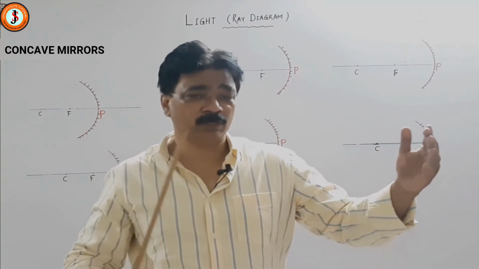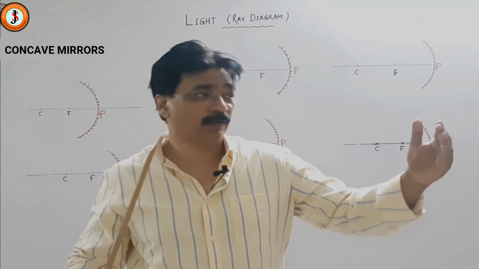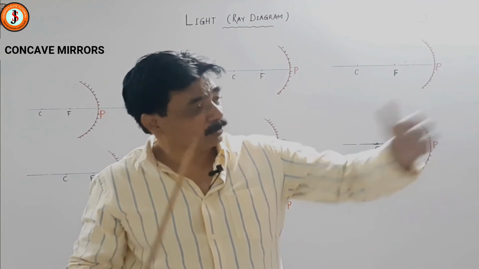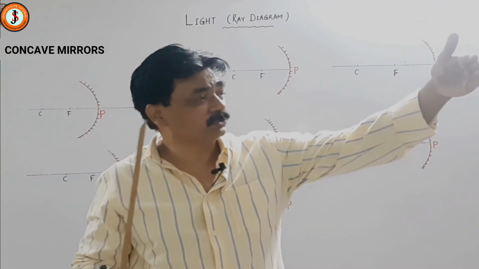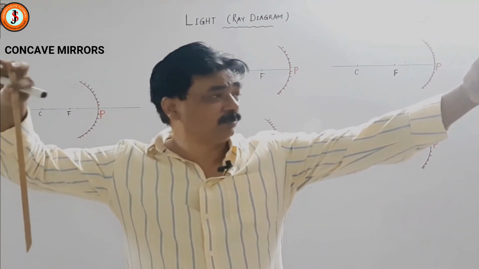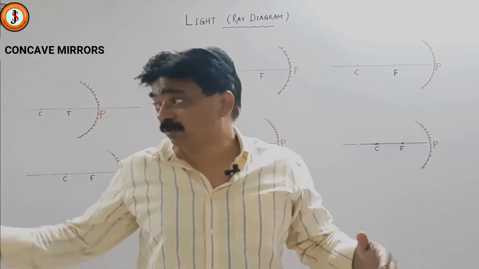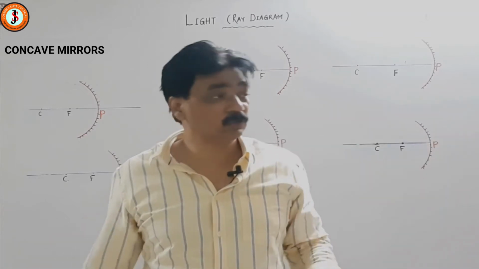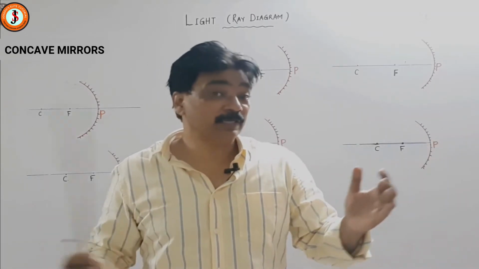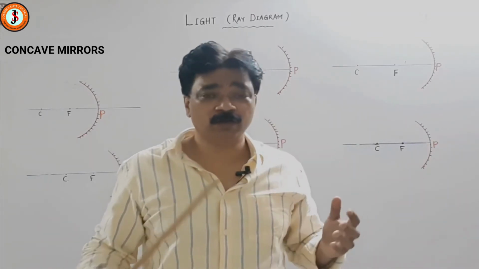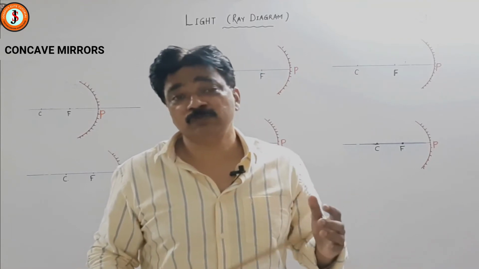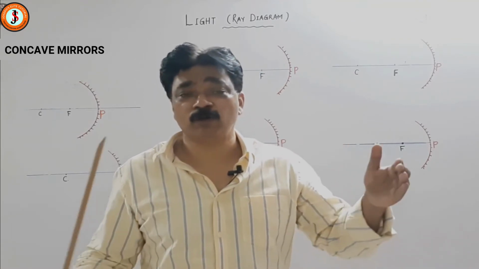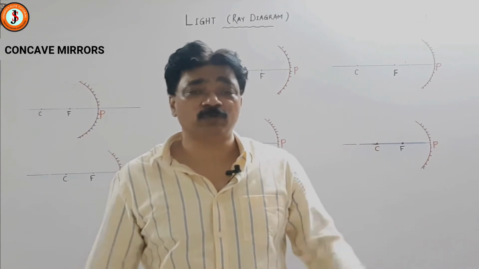As soon as you take the object back and look at the image of that object, if you are watching it from far, you will find the image upside down. Suppose I am watching you standing there and I am looking at your image, you will be upside down and small. So these are the changes in the image when the concave mirror forms an image of an object near to it or far from it.